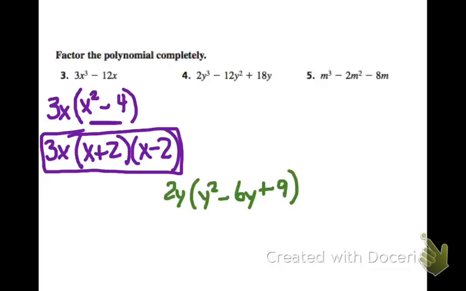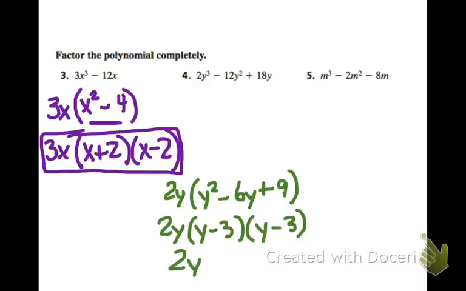And if I'm working with 3 and I need a middle term of -6, then both 3's need to be negative. So my completely factored form would be y minus 3 times y minus 3. I could then simplify and write it back with the exponent of 2. Okay?